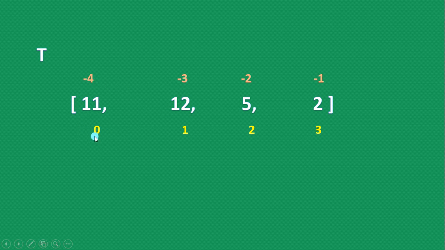Positive is by default from the left, starting from 0. For the negative index, we can't use 0 because 0 is already used, so we start with -1. So -1, -2, -3, -4 if you're coming from the right side. Now let's start some programming about the list concept.